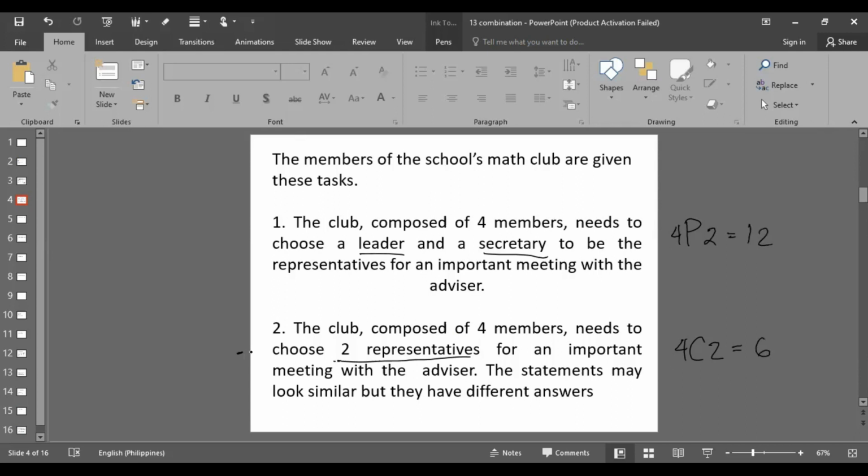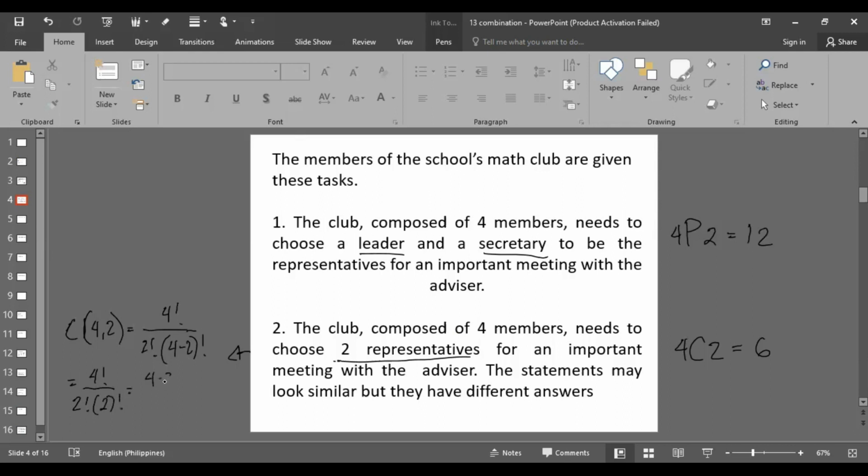So let me show you the step-by-step procedure. In number 2, we have C(4,2). We have 4 factorial over 2 factorial times 4 minus 2 factorial. Now in the numerator, we have 4 factorial, just copy it. Copy 2 factorial and then 4 minus 2 is 2.